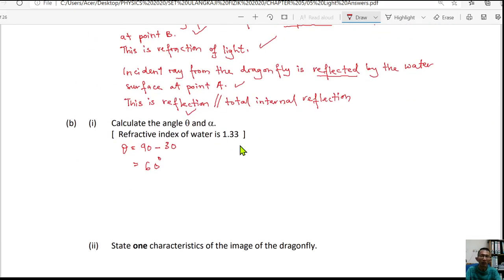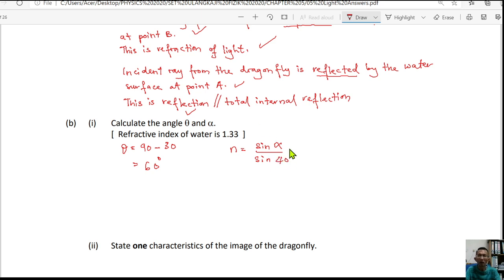Next one is we want to find alpha. We are given the refractive index of water. So n equals sine alpha divided by sine of 40 degree.